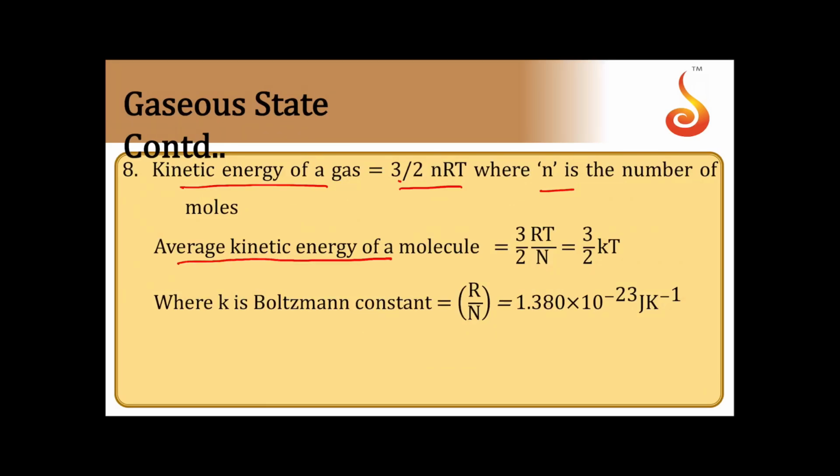So 3 by 2 R by N into T. So 3 by 2 kT, where k is called the Boltzmann constant, R by N. We have to substitute the value of R divided by Avogadro's number. We are going to get 1.38 into 10 to the power of minus 23 joule per Kelvin. This is the numerical value of the Boltzmann constant, that is 1.380 into 10 to the power of minus 23.